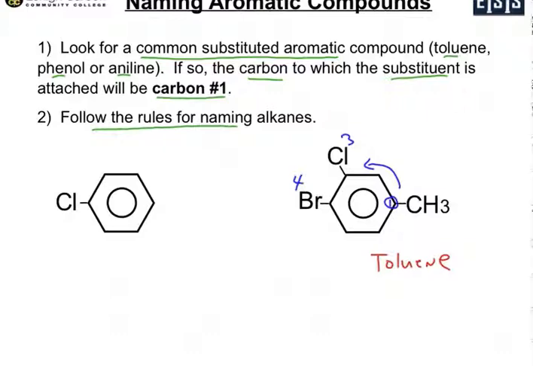And remember, when you write the name out, put them in alphabetical order. So bromine comes before chlorine. So this is going to be 4-bromo-3-chlorotoluene would be the name of this molecule.